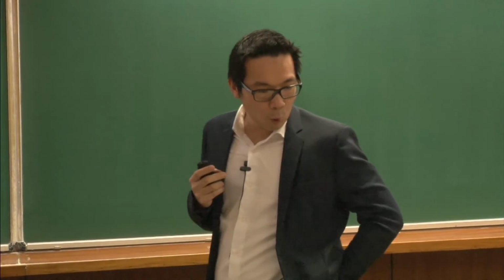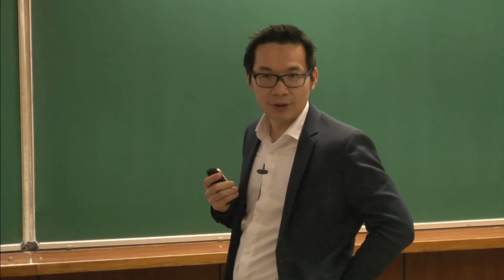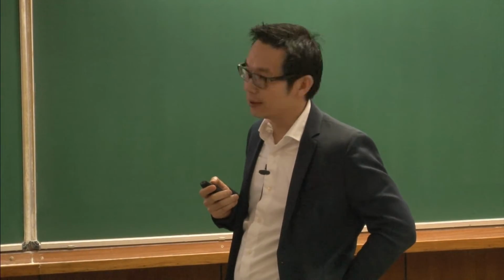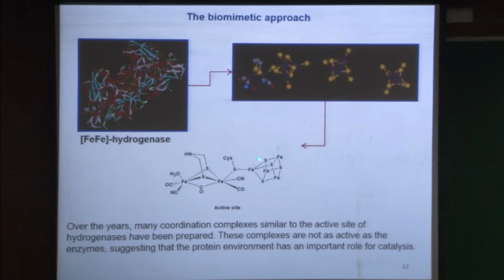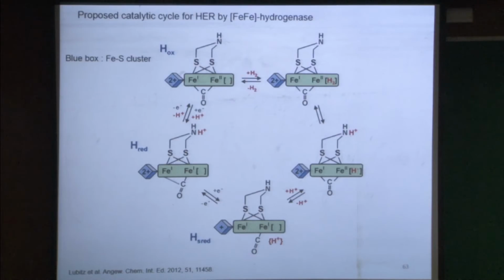I will show you only one proposed catalytic cycle for hydrogen evolution in this system. It's quite fascinating because, while I'm not saying this is the only pathway, it is one possible pathway. Enzyme catalysis can be quite complicated. This suggests that the iron-sulfur cluster is involved in the whole redox chemistry.